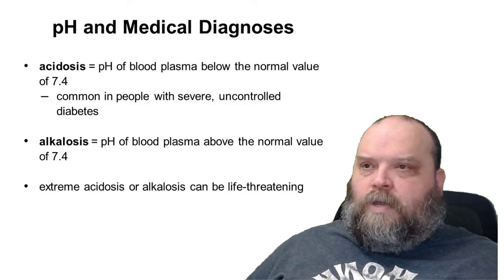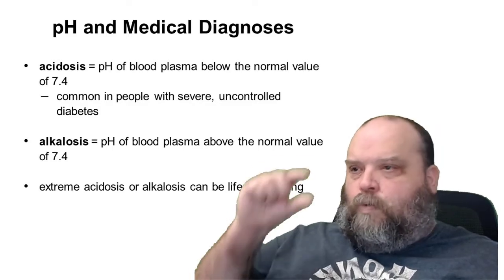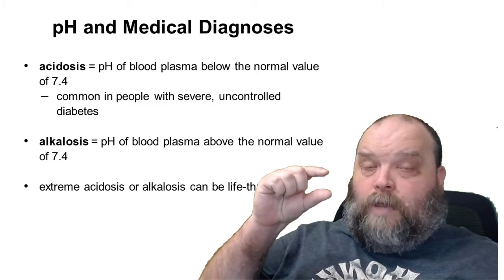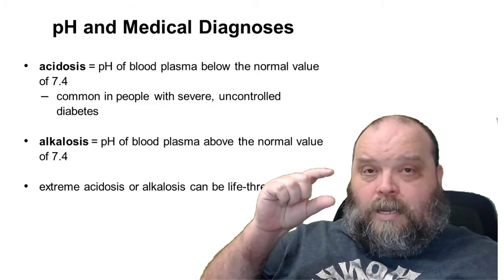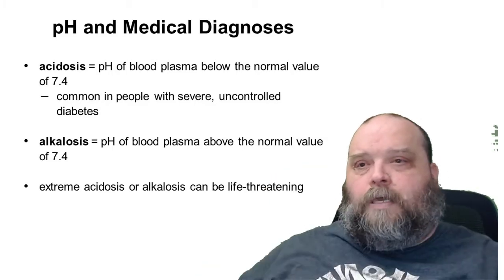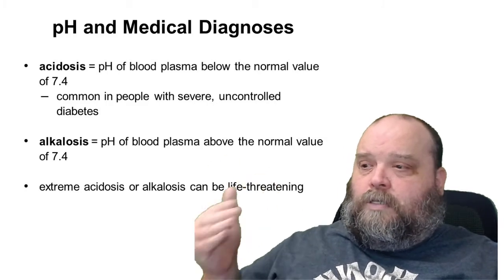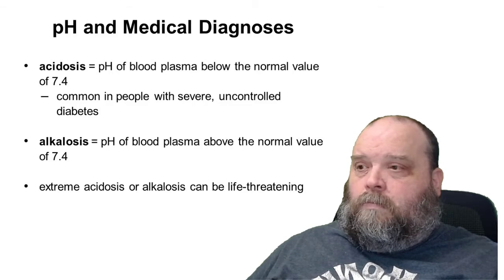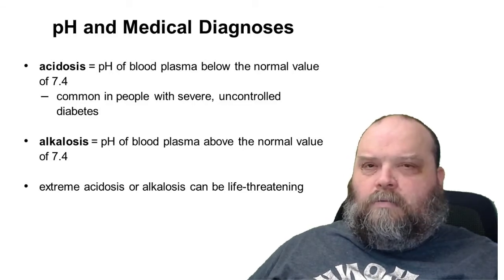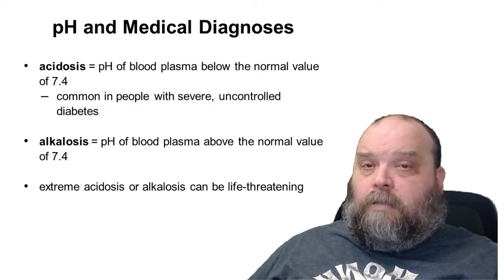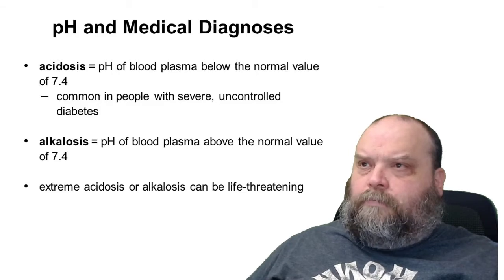So we have to take into account that the range for most of our metabolic reactions is going to be quite narrow. Too high a pH, too low a pH: acidosis, alkalosis. Why is that a big deal? Students ask me that. Why is it a big deal if pH is a little off in a cell, in your blood? Well, think about it.